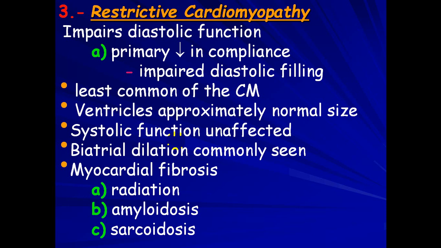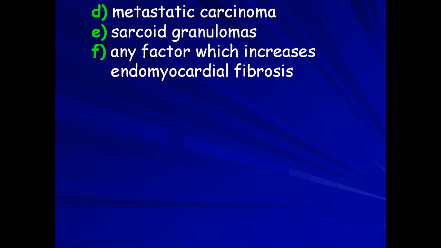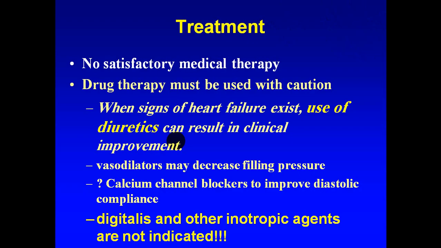Myocardial fibrosis, as we see in amyloidosis, sarcoidosis, radiation due to malignancies, metastatic carcinoma, sarcoid granuloma, any factors which increase the endomyocardial fibrosis. Treatment really not too much. No satisfactory medical therapy.